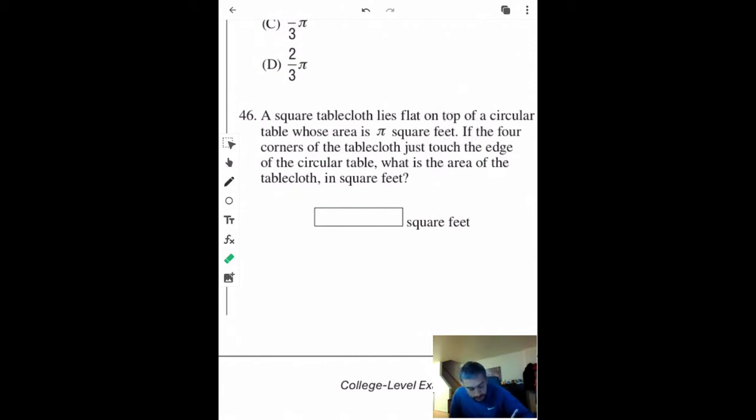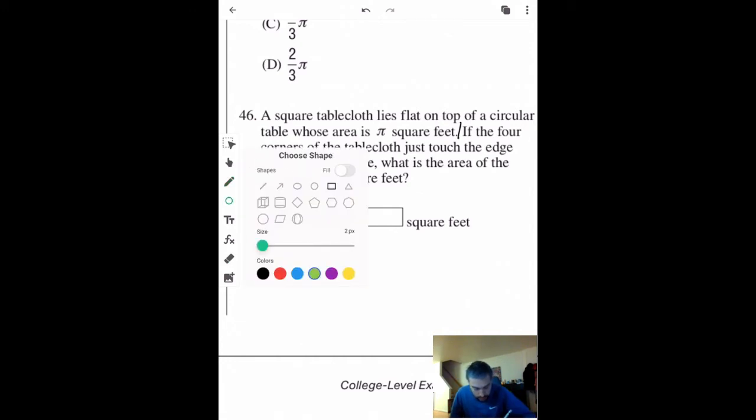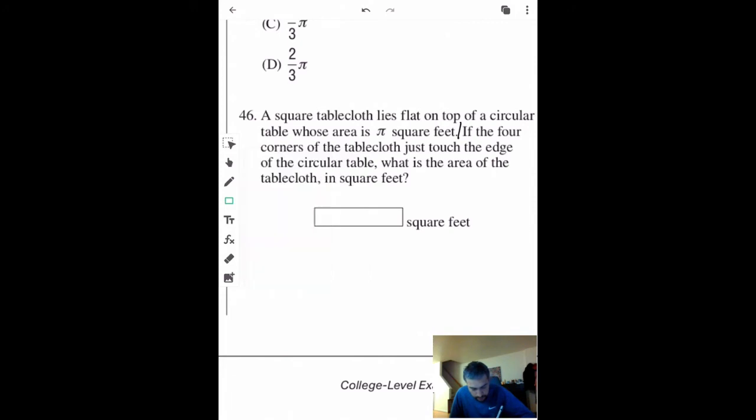Stop right there. See if we can write what's happening. We have a square tablecloth, so let's create a nice square.